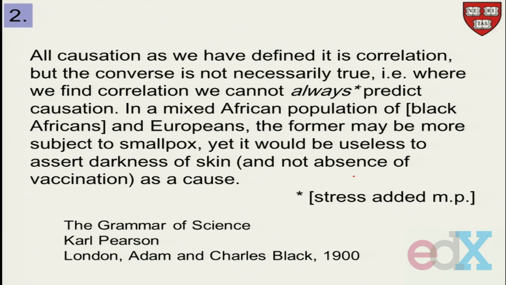Way back in 1900, he basically said the same thing: all causation, as we have defined it, is correlation, but the converse is not necessarily true. Where we find correlation, we cannot always predict causation. So this has been well established. Now, we've got to be careful.